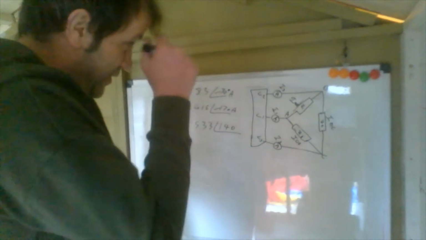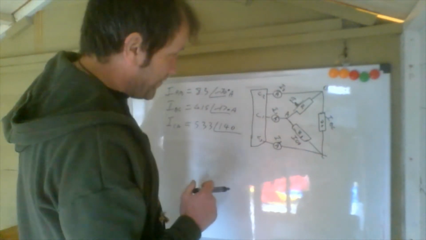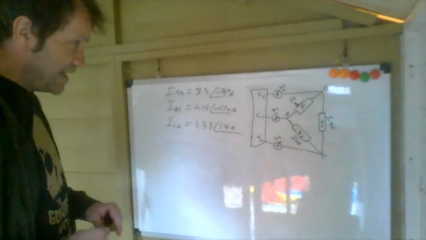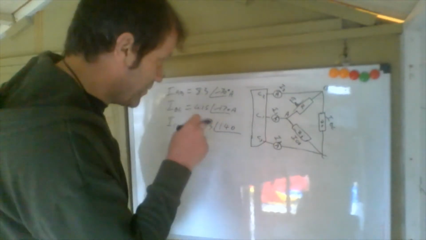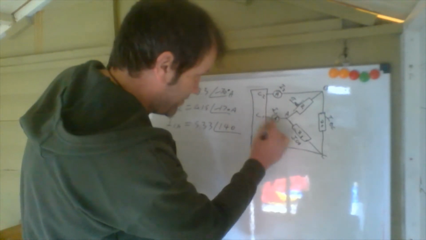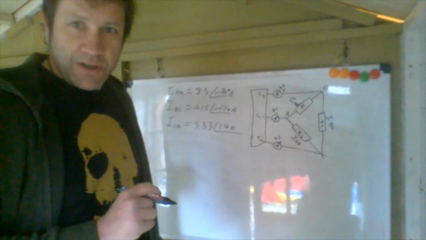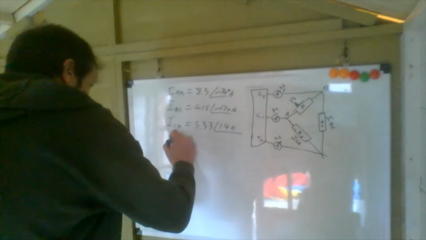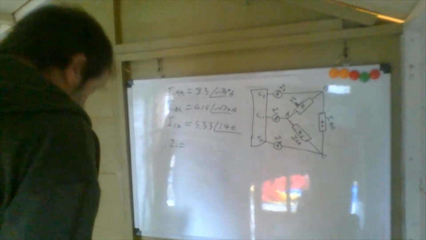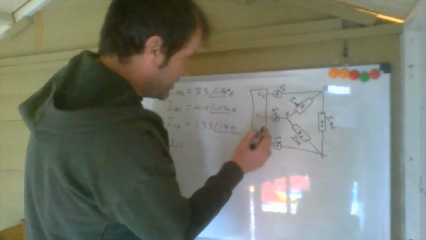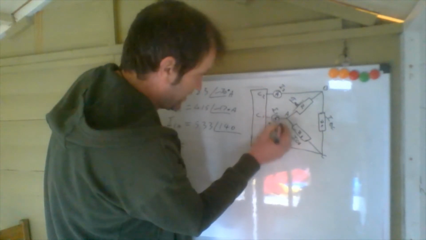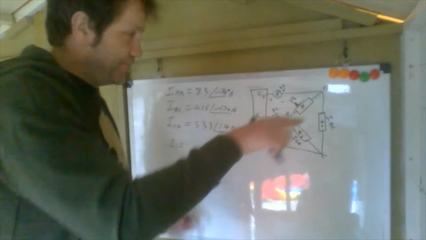Now, what we're going to do is work out these currents. We've worked out IAB, IBC and ICA there. If we want to find out what is going to go through this ammeter here, that's going to be I1. Say the current is moving from left to right.